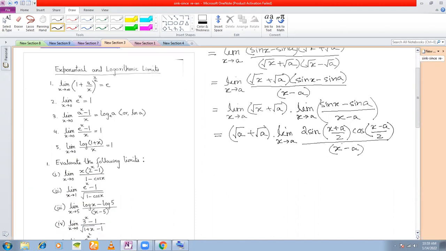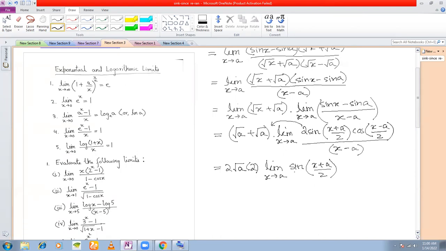So here you get 2 root a, and you take this 2 out also into 2, and you are left with limit x tends to a.